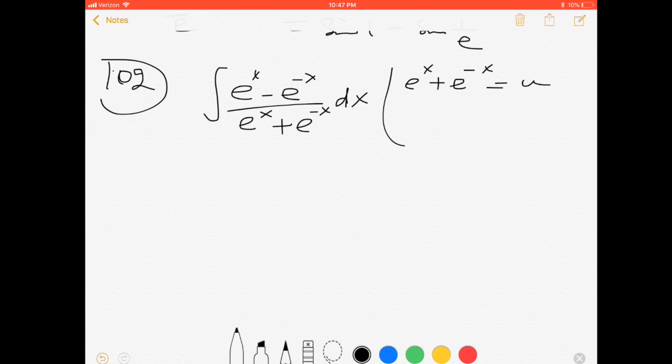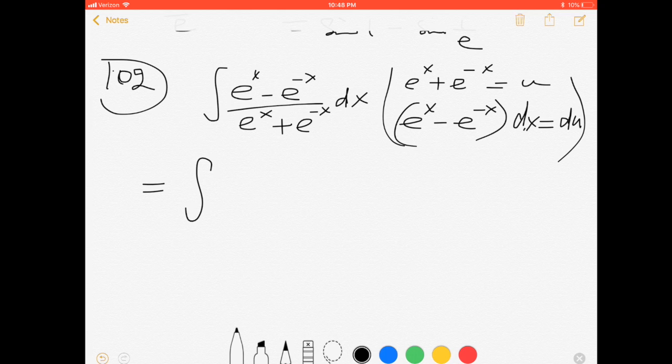It will be u. Take a derivative. It will be e to the x minus e to the negative x dx. Oops, sorry, du. And here we have du over u.